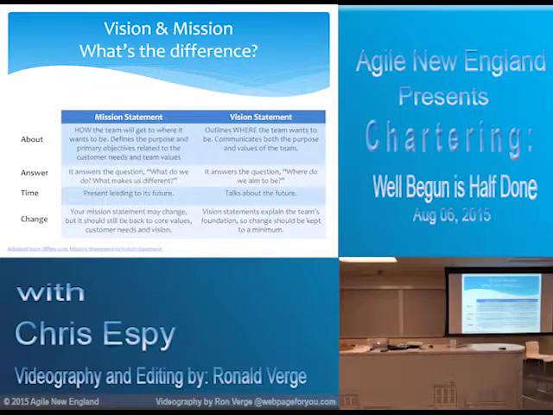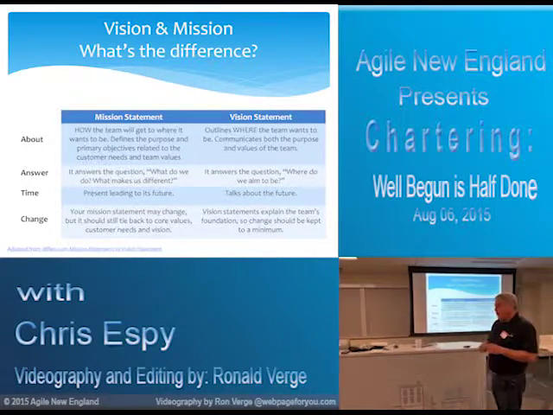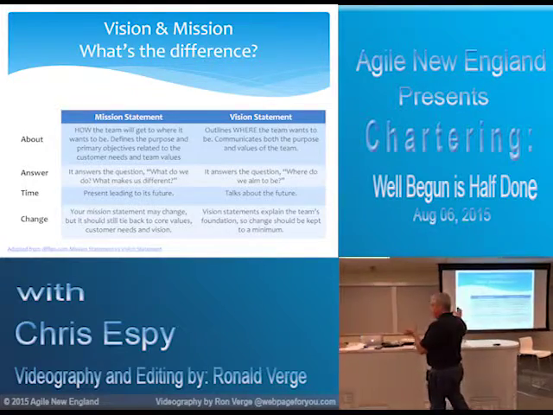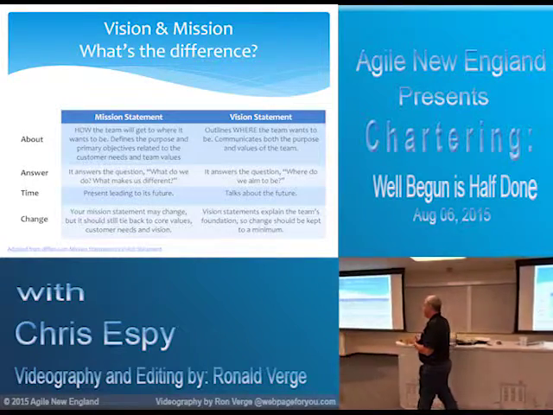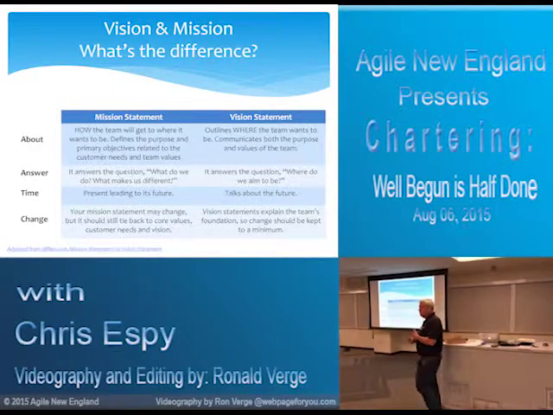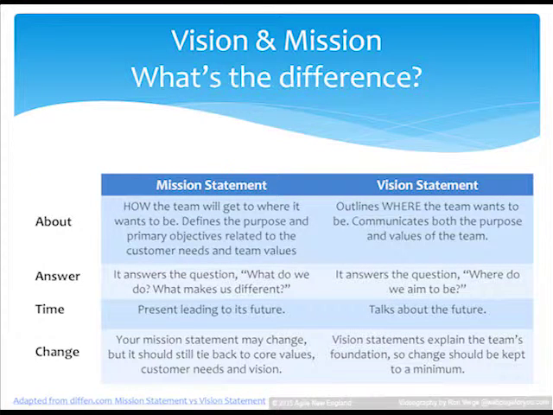A lot of times we have a little confusion about the difference between the mission and the vision. And so I put this little table together to compare and contrast them. So the mission statement is how the team will get to where it wants to be. Define the purpose and primary objectives related to the customer needs and team values.